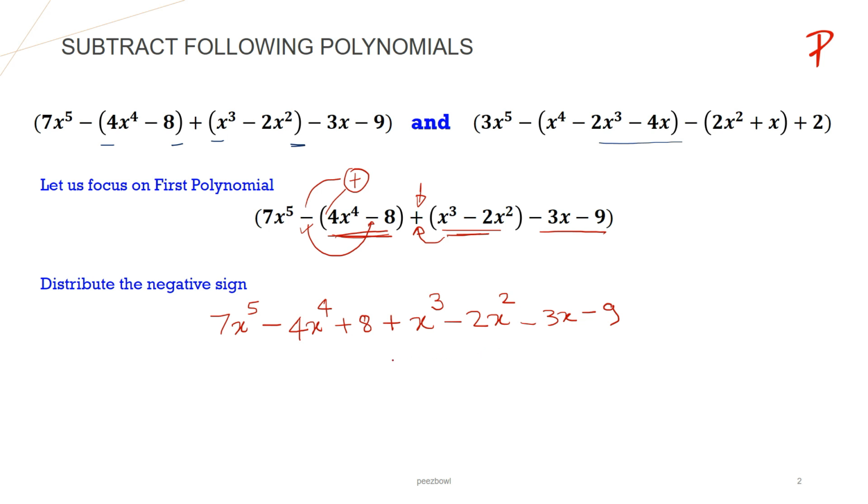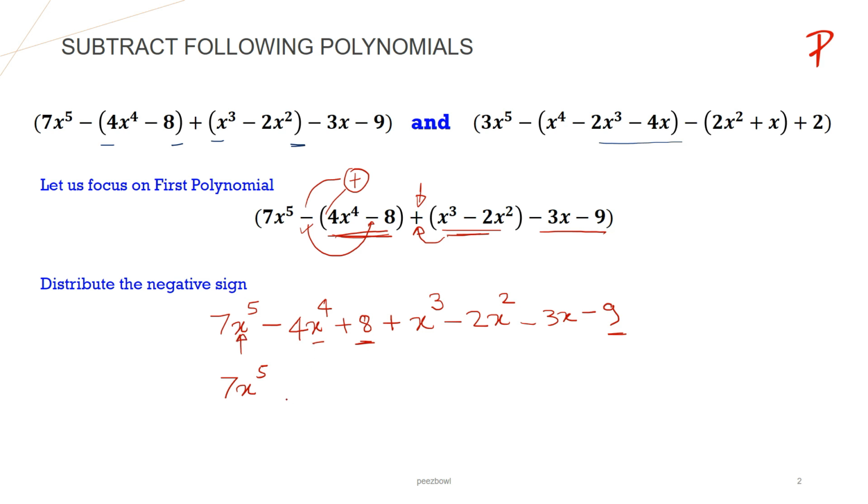Okay. So I will move like terms together. Like here we have a constant 8 and at last we have a constant minus 9. So I will move these two terms together, and also I will see that all these terms are arranged in descending power of x. That means higher power of x will come first and gradually lower power of x will follow. Okay. So for this particular polynomial we have 7x to the power 5 first, because this has the highest power of x, that is 5.